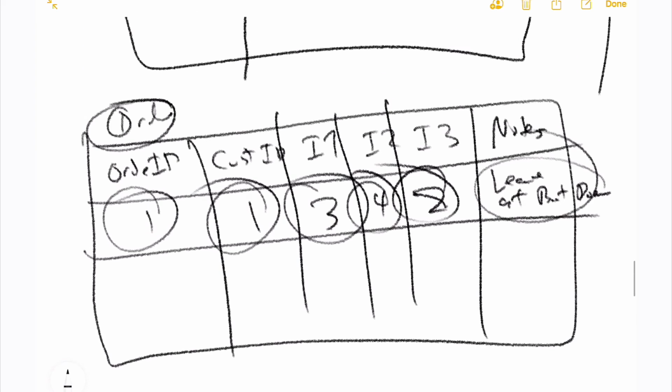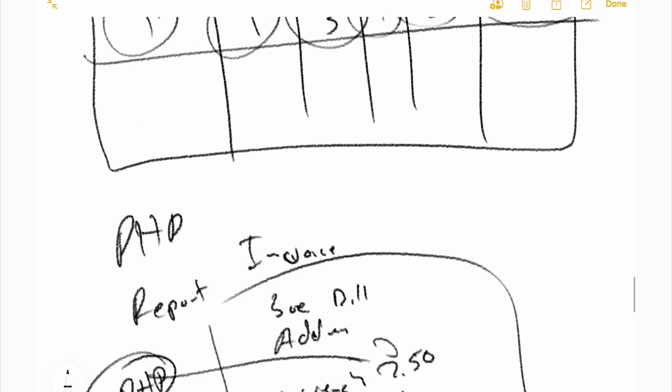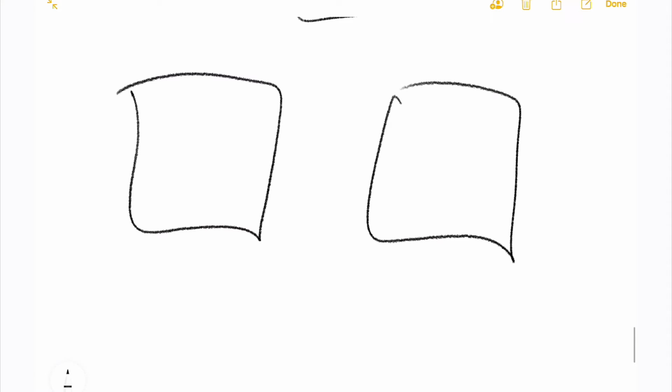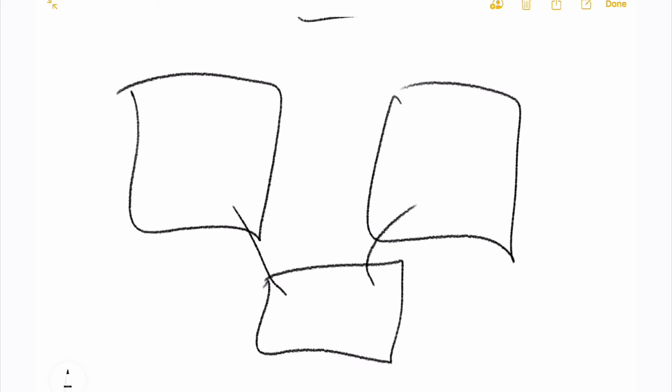So when we're talking about relational databases, you're talking about having different tables in the database and their relation to each other. You can have a part table, a manufacturer table, and an order table, and these will have their own unique keys.